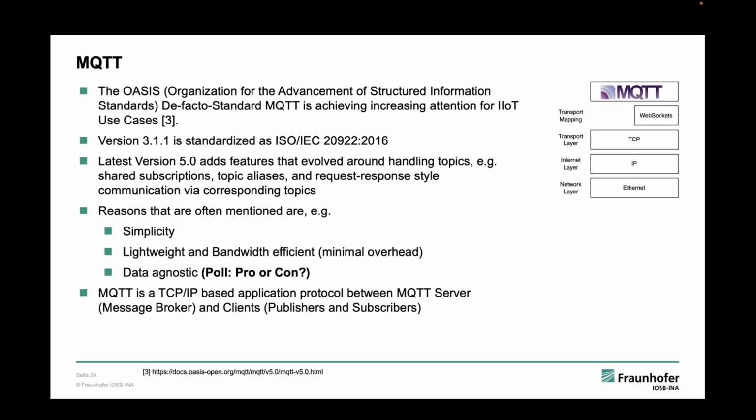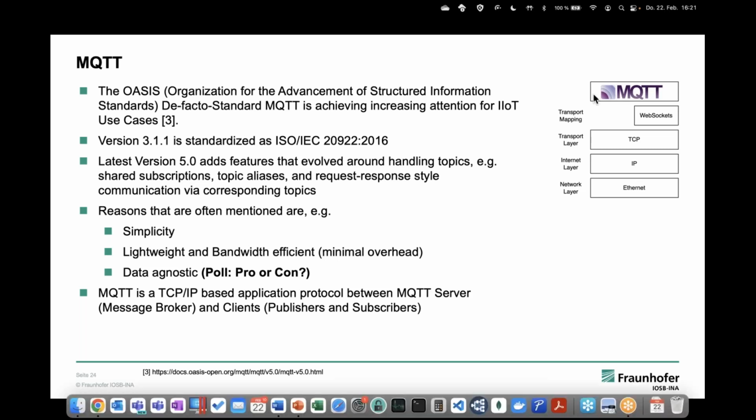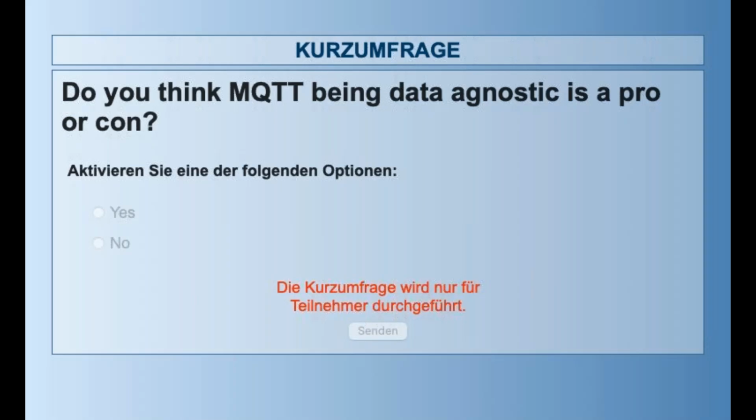And here I would already like to involve all of you. So I would like to ask you, what do you think? Is this MQTT being data agnostic actually a pro or a con? I don't know, Matt, if you want to start the poll right away. I guess it's running, so you can now click the options, and then we'll also see the results shortly. And I would just continue speaking here.